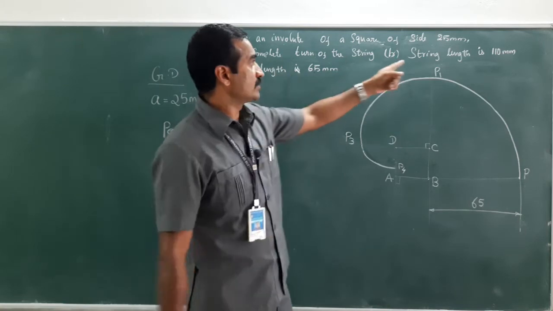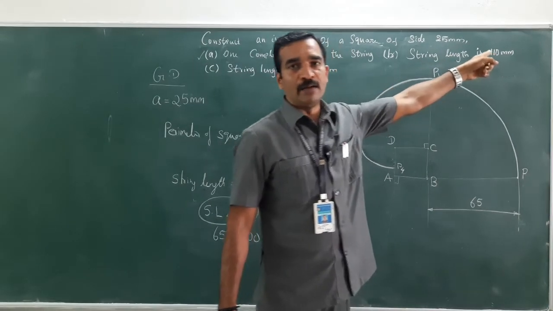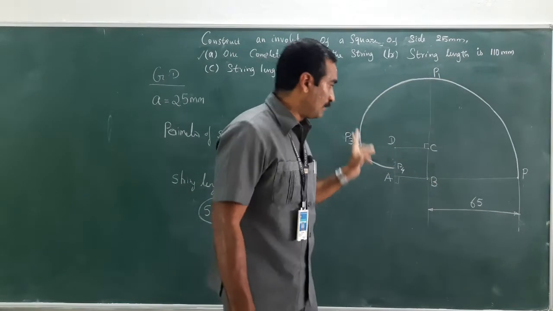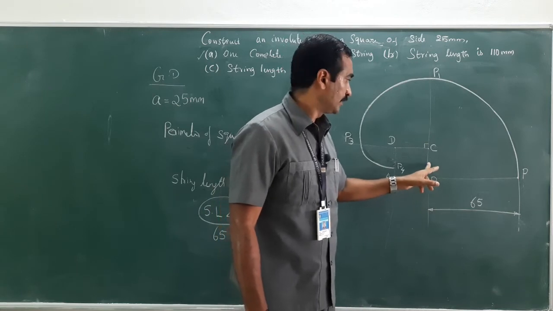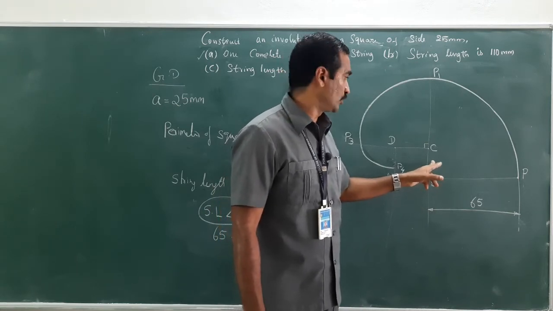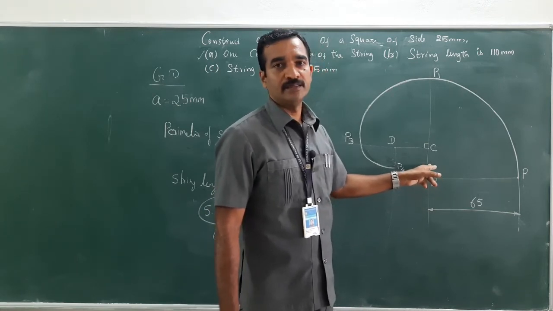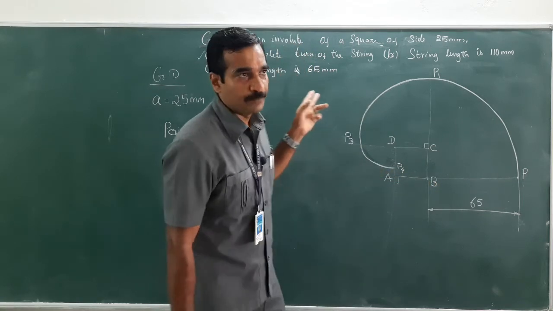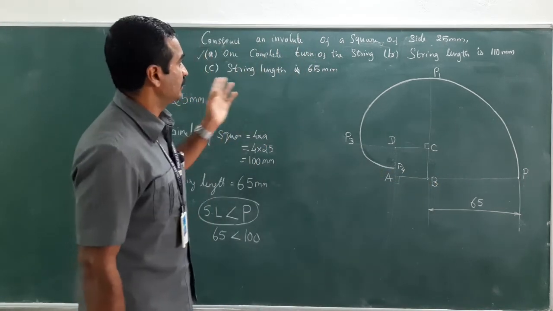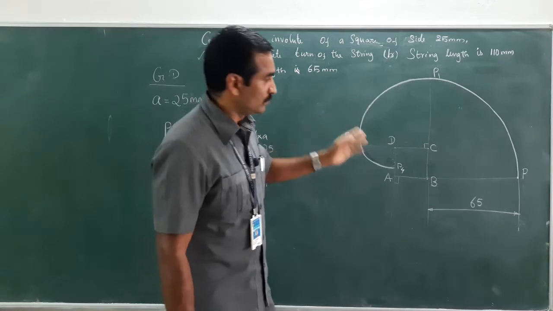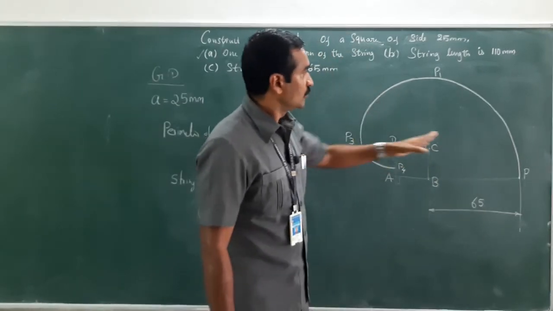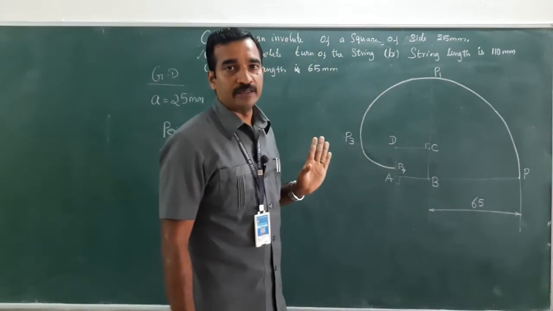In the second condition, the string length had an excess of 10 mm, so after completing one full turn, there was an excess of 10 mm, and it ends up here. Right. For the third condition, the string length is 65 mm. By drawing it, it ends up somewhere here.